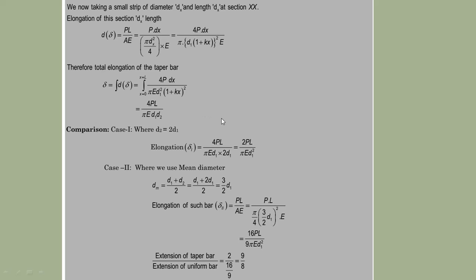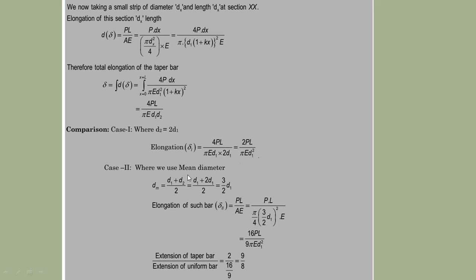Case 1, where d2 is equal to 2d1. Elongation delta L is equal to 4PL divided by pi E d1 into 2d1, so it is 2PL divided by pi E d1 square.